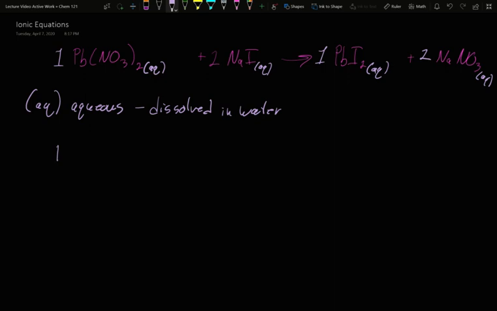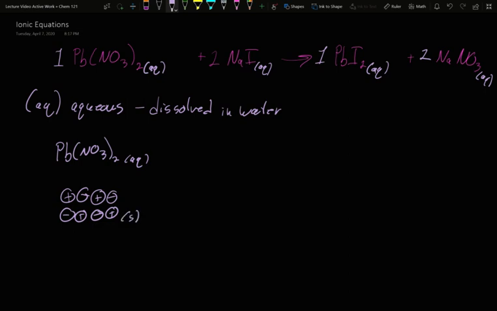So when we write Pb(NO3)2 aqueous, well, this is very different than lead nitrate solid. A solid would have positive ions, negative ions, positives in series, and given their charges a little different, they'd be a slightly different structure. But this is what we think of when we think of a solid.